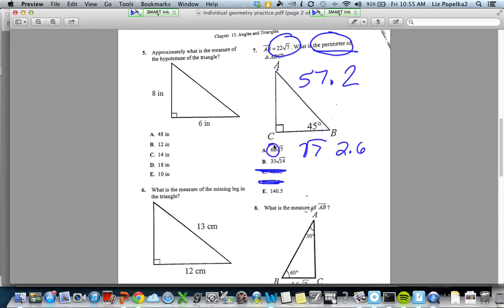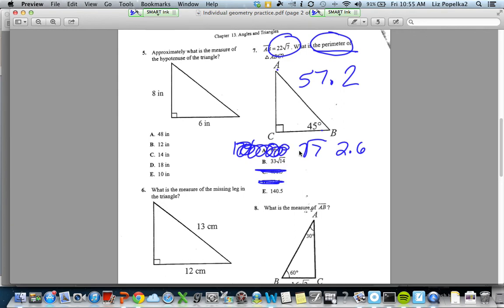So 66 times 2.6 is about 174. So this number is probably going to be too big because our actual perimeter is likely only going to be somewhere about 150. So this one is likely too big.